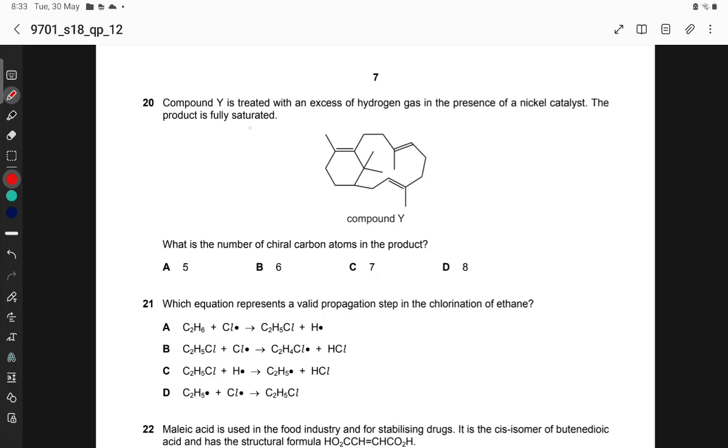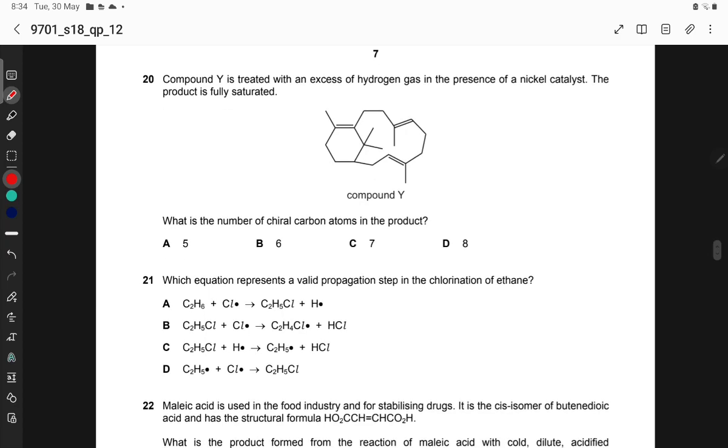Question number 20. Compound Y is treated with an excess of hydrogen gas in the presence of a nickel catalyst. The product is fully saturated. What is the number of chiral carbon atoms in the product? This is a double bond, not a chiral carbon atom. This is chiral, this is chiral.